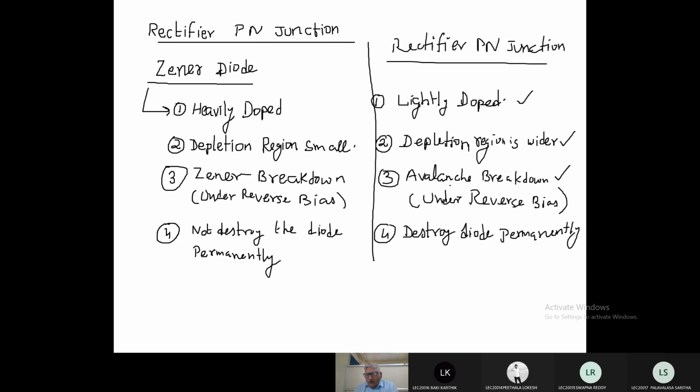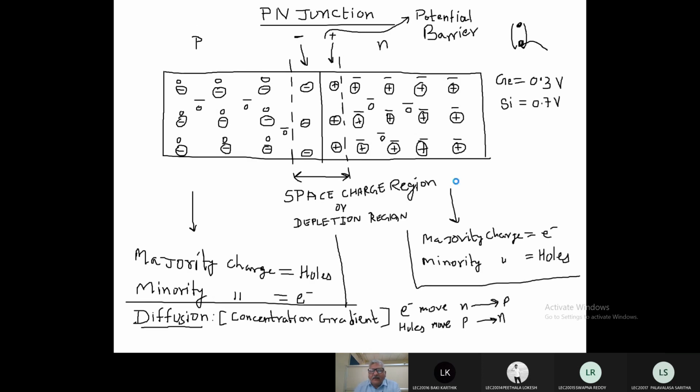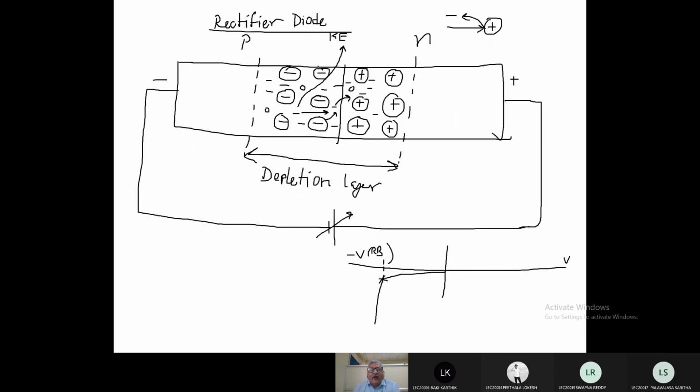Now if somebody asks what is avalanche breakdown: in avalanche breakdown, under the reverse bias condition, a very high electric field is generated in the depletion region, and the electrons gain very high velocity.